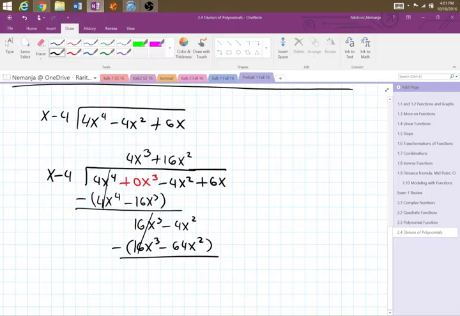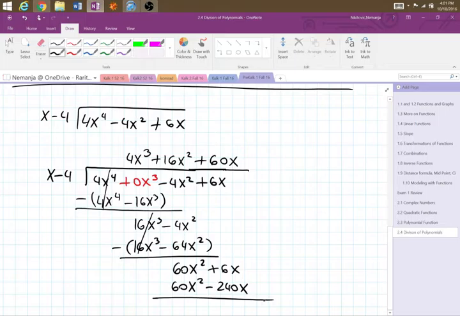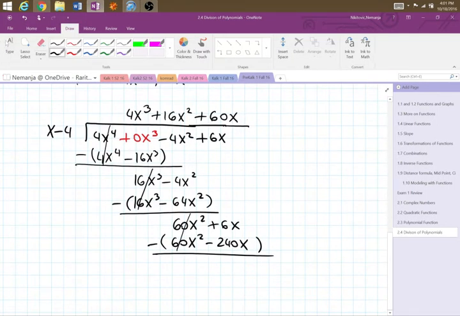That's going to be plus, so that's 60x squared plus 6x, which gives us plus 60x. And then we multiply back into 60x squared minus 240x. And then we subtract again, these cancel.